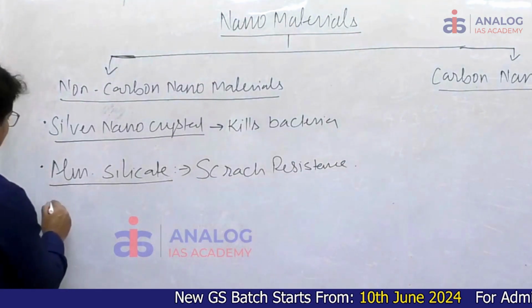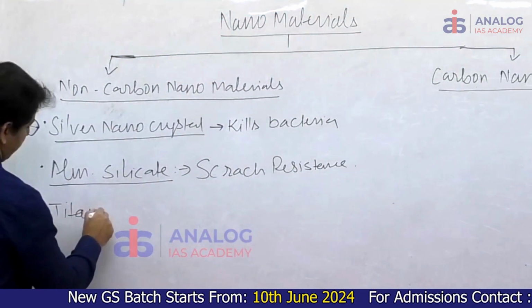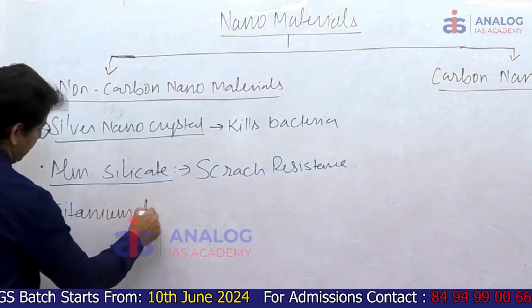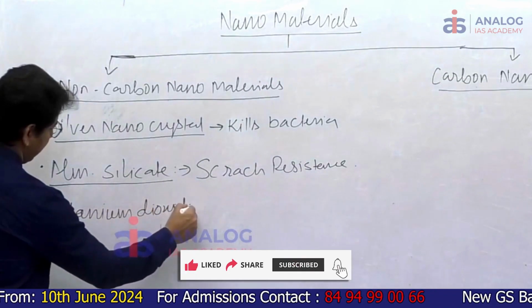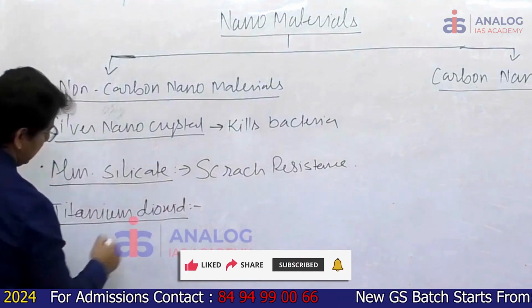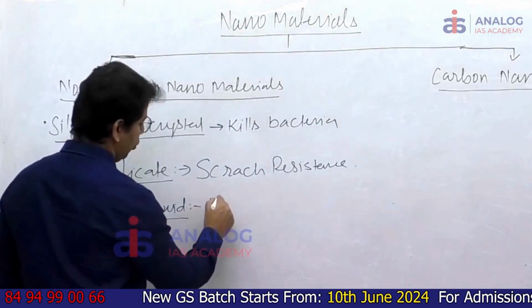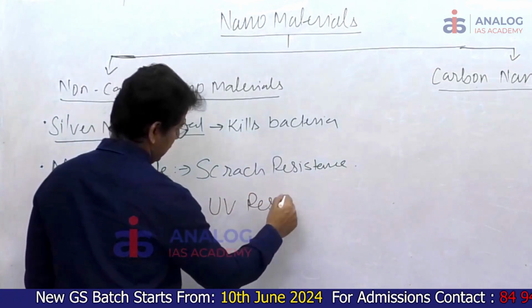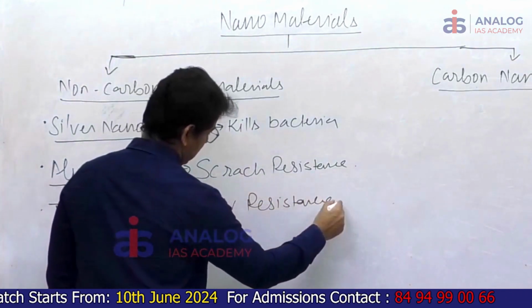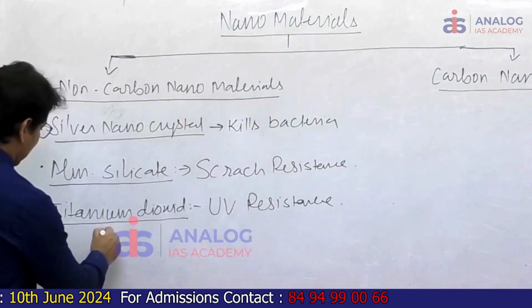Then we have something called titanium dioxide. I'm writing a few of them, that is important. And titanium dioxide can give you the property of UV resistance. Or zinc oxide also.